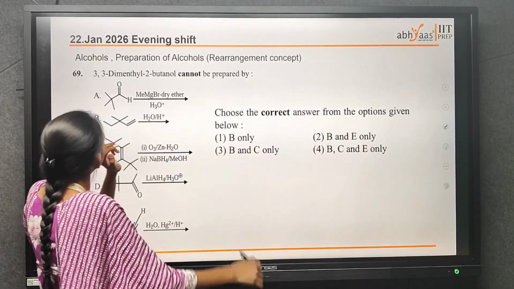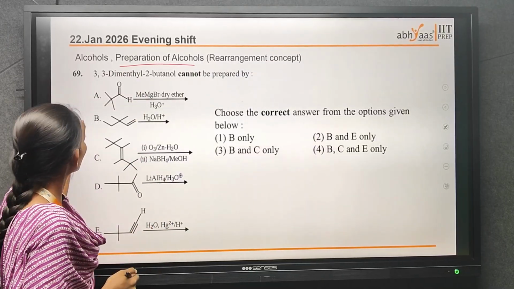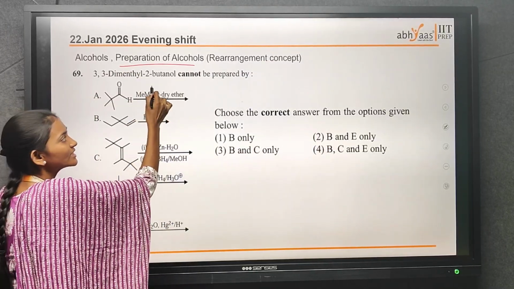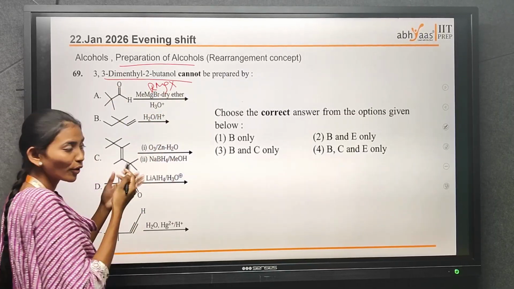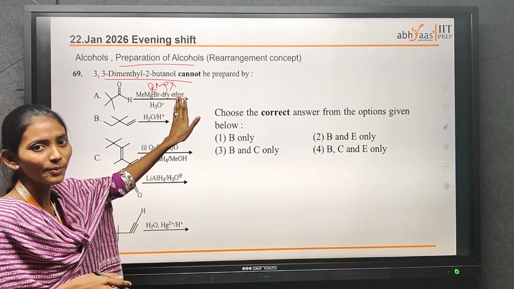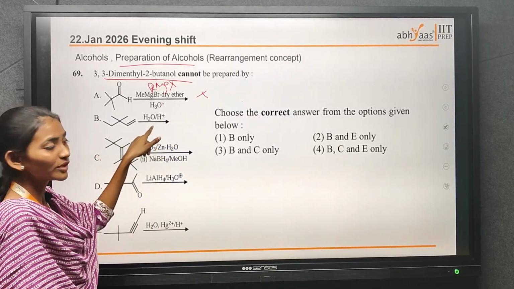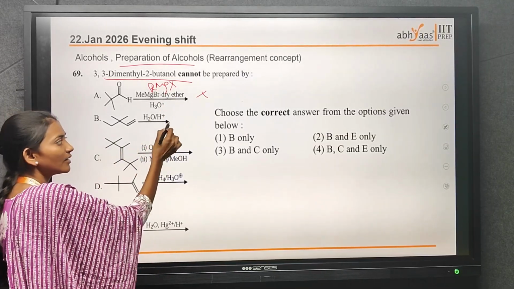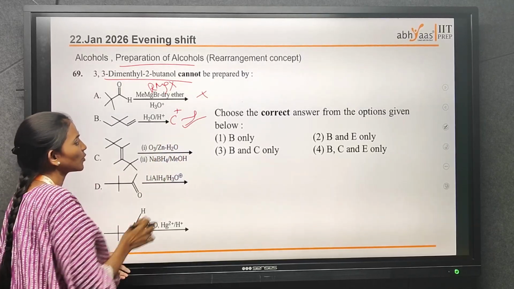They have given the preparations of alcohol, some rearrangement concepts. See here, when you are doing this, it is a Grignard reagent, right? They are asking that this compound, upon doing the butanol compound, need not be prepared here itself. So while doing Grignard reagent, not at all. When you do acidic medium hydrolysis, first what happens? A carbocation will form, then rearrangement follows. So here it will be possible.